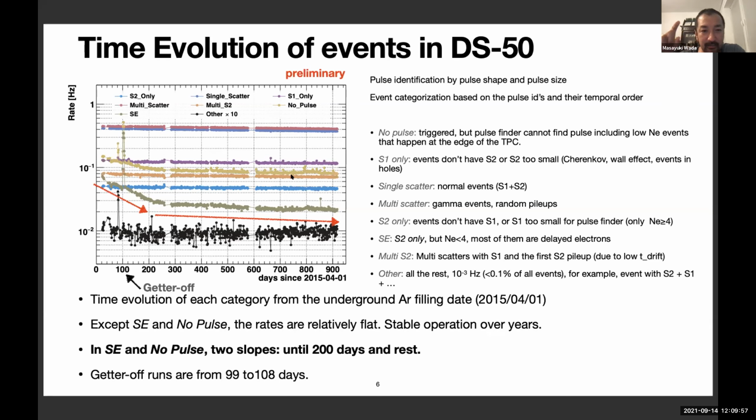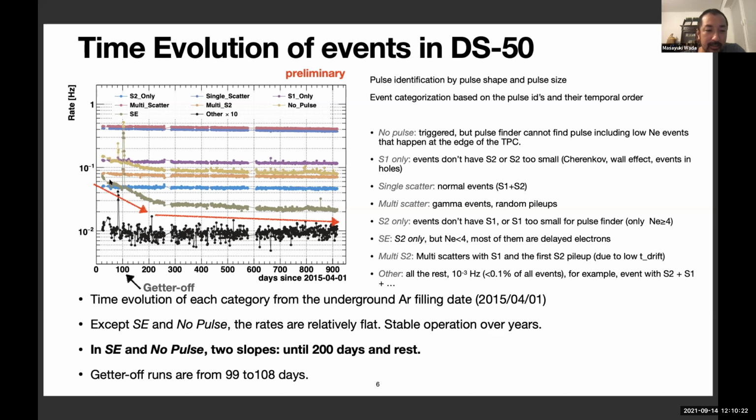The multiplication field is too weak there for the pulse finder to find them. And then the same kind of events that happen at the center are found by the pulse finder and categorized as single electron events. It's the same kind of event, only small in size. That's here.